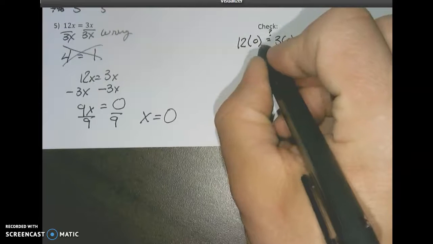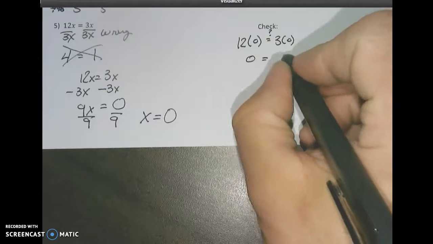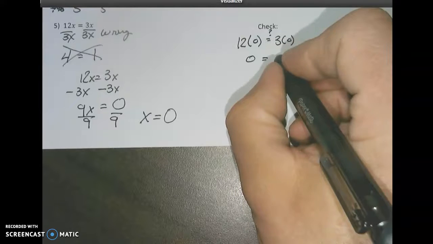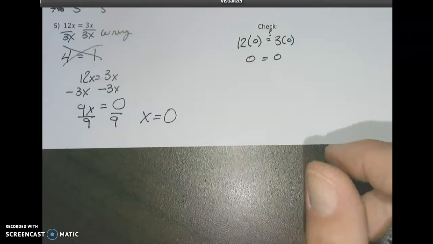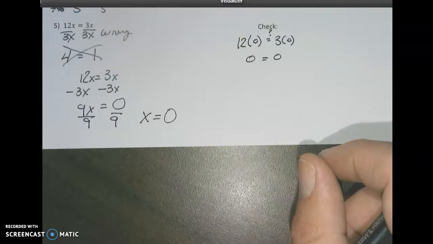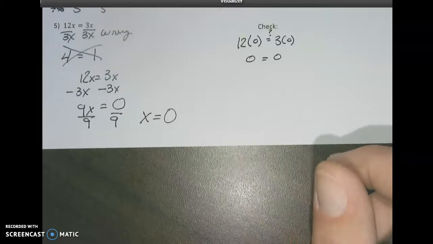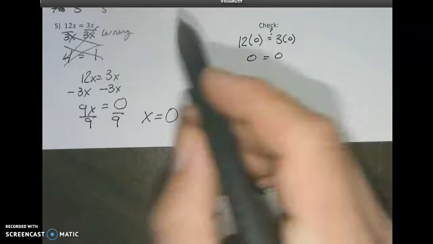Well, what's 12 times 0? 0. 3 times 0? 0. All right? So yeah, this first way, don't divide, do the subtraction.